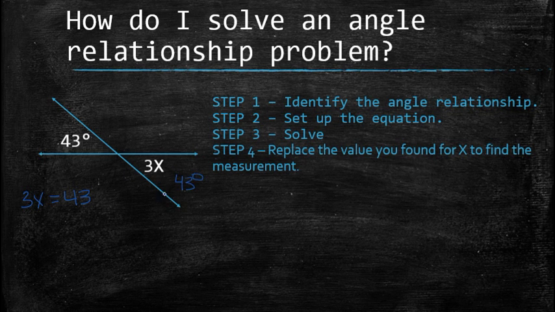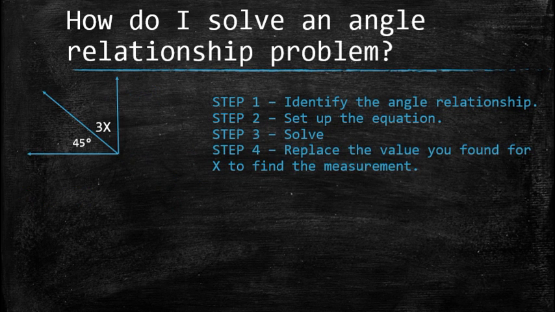Please let me know if that does not make sense, and we will be going over some additional examples. But vertical angles are equal. So you can actually look at that and see that those are equal. And therefore, that angle is 43, and 3x is equal to 43.